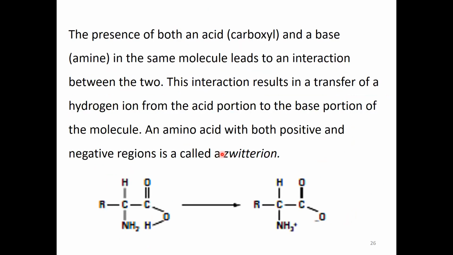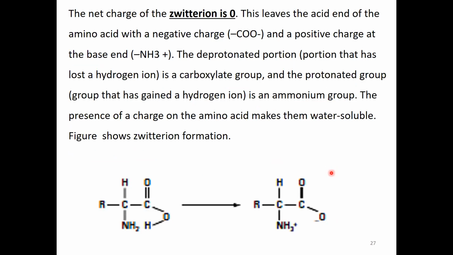The presence of an acid and a base in the same molecule leads to interaction between the two. This interaction results in transfer of a hydrogen ion from the acidic portion to the base portion. This self-interaction occurs, and the amino acid with both positive and negative regions is called a zwitterion. So the net charge of a zwitterion is 0.